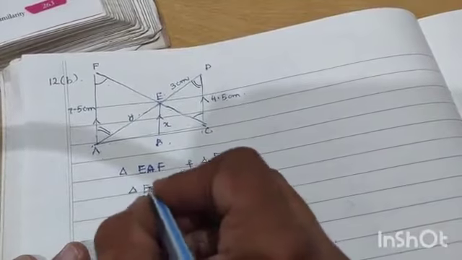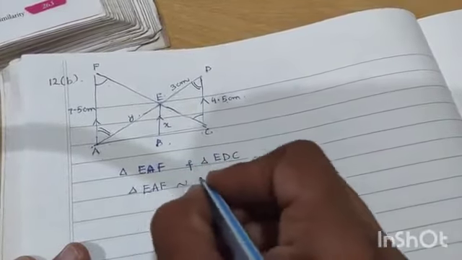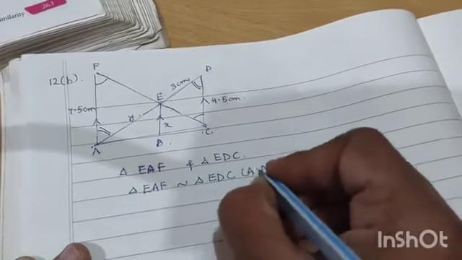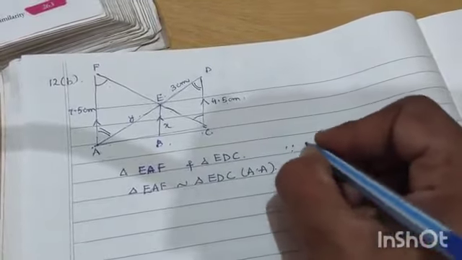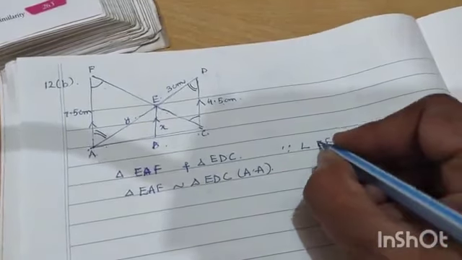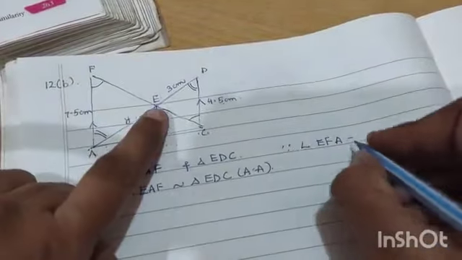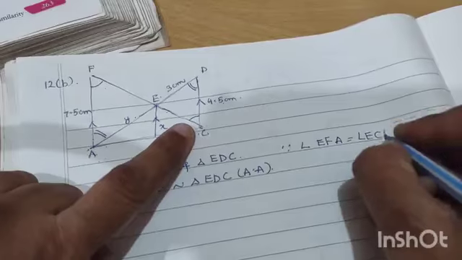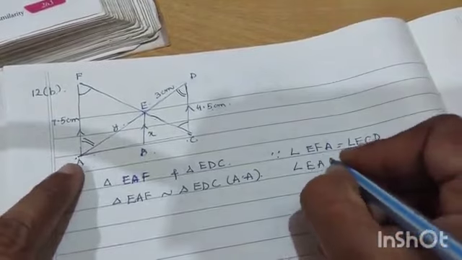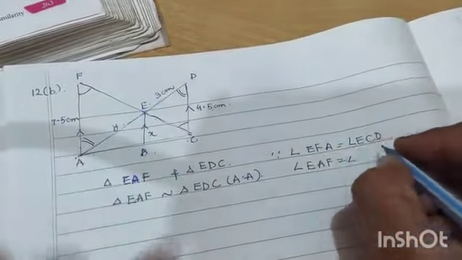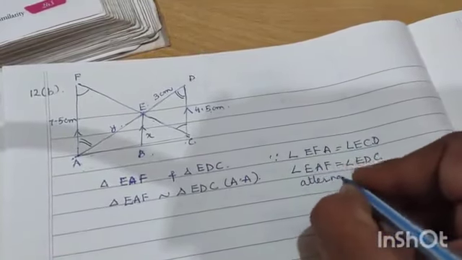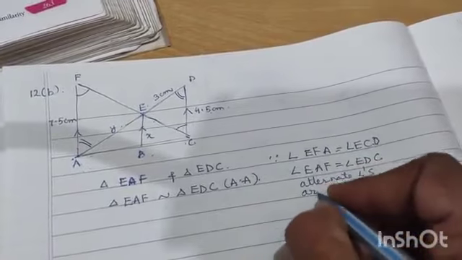So triangle EAF is similar to triangle EDC by AA, since angle EFA is equal to angle ECD and angle EAF is equal to angle EDC. Alternate angles are equal.